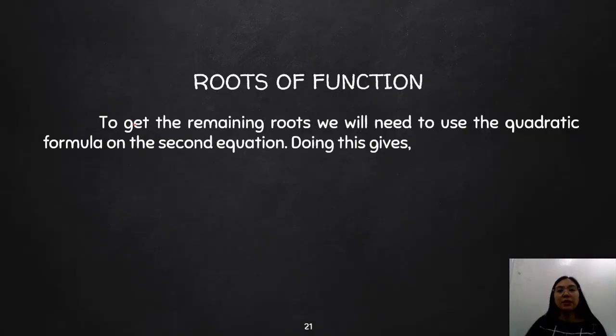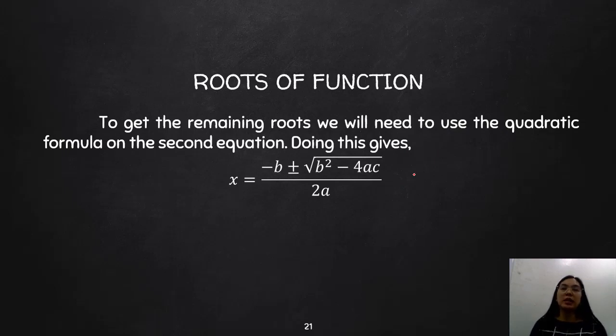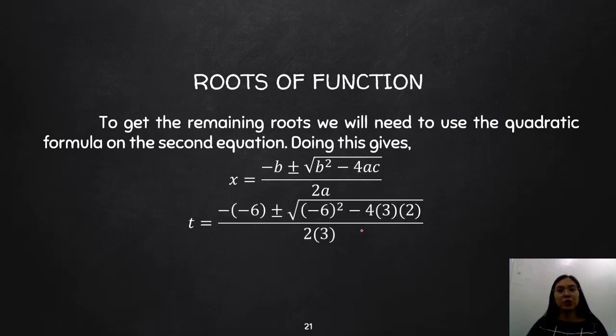And then to get the remaining roots, we will need to use the quadratic formula on the second equation. Doing this gives you, so recall this quadratic formula, na-encounter natin to sa previous videos. So you have your x is equal to negative b plus or minus the square root of the discriminant divided by 2a. So if we try then to put in the values that we have, we will have this equation.